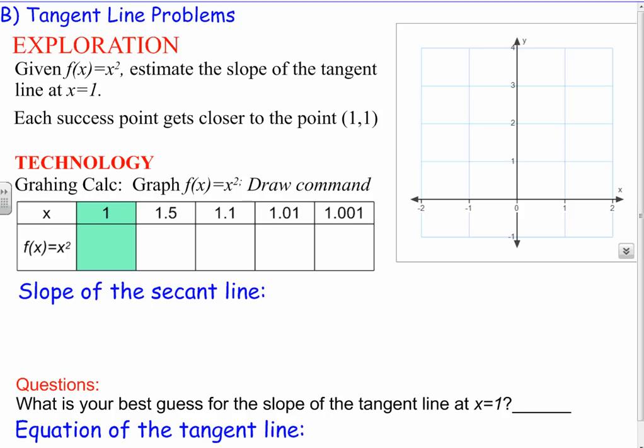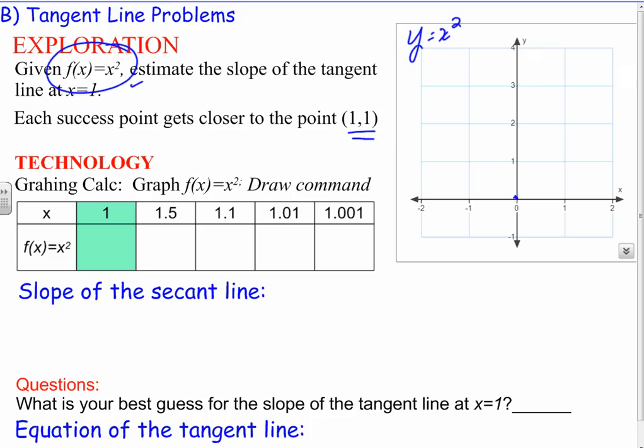So take this problem here. Given the function f of x is equal to x squared, estimate the slope of the tangent at x equals 1. Notice here each successive point gets closer to the point 1, 1. So first let's graph f, so y equals x squared.